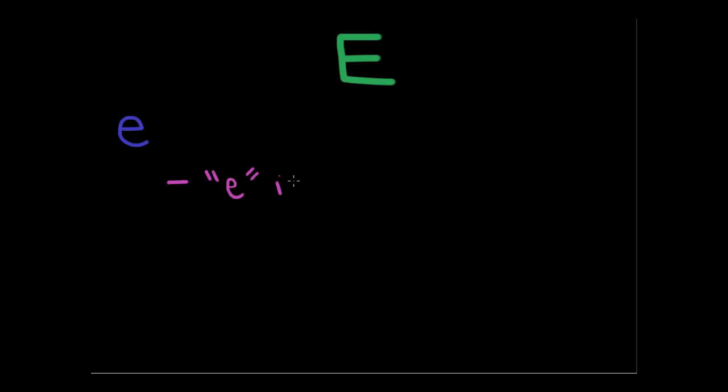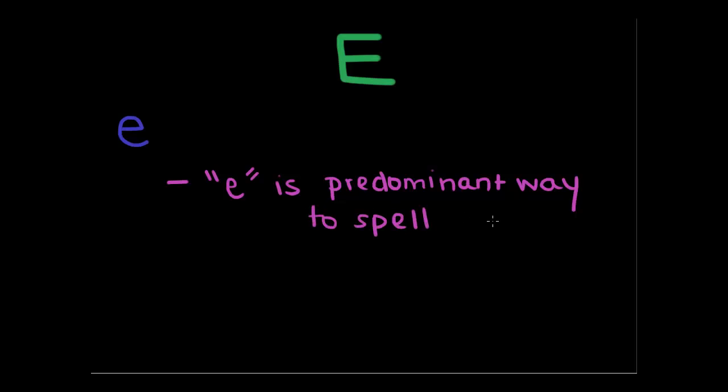It's the most common way to spell the short E sound. The thing is, most roots have E for the short E sound, such as nephograph and meristem. Let me get my example color, like nephograph.